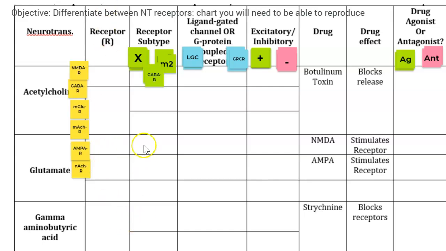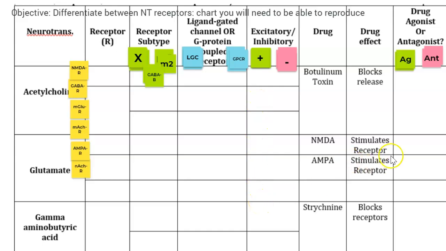I had given you this before, but now you should have a better idea of where these are going to go. And then without those clues, I need you to be able to recognize which ones are ligand-gated channels and which ones are G protein coupled receptors and whether they're excitatory or inhibitory.